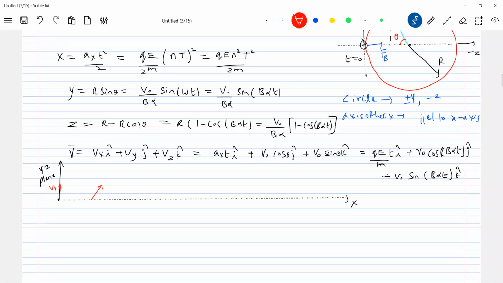I'll have to show the pitch also. I'll draw a little bit bigger vector. And the pitch also should increase.